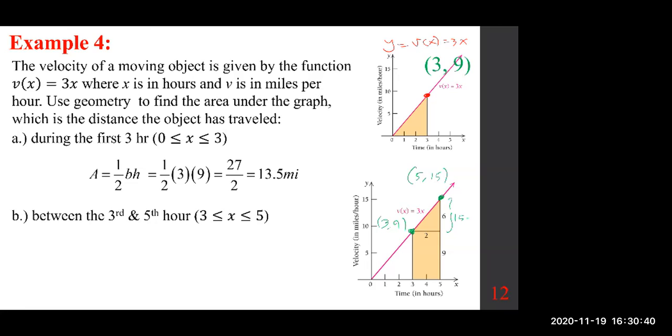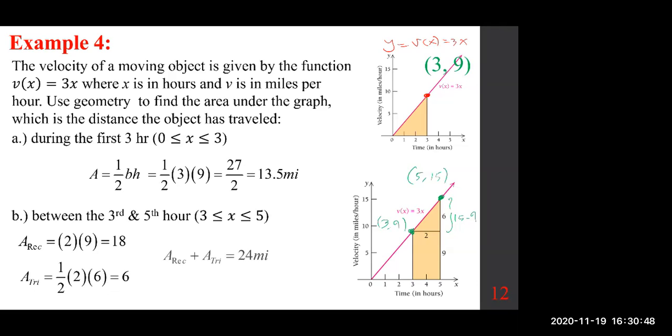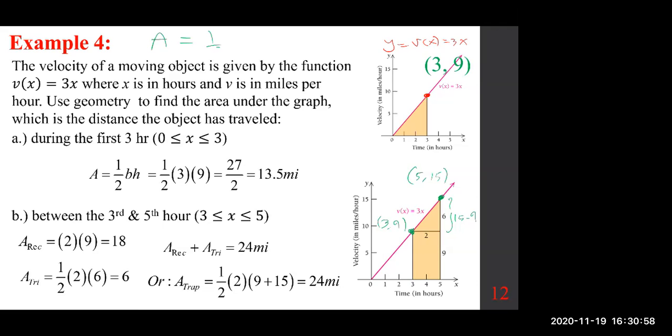Okay. However you want to look at it, you can calculate the area of a rectangle, the area of a triangle, and add them up. Or just the area of a trapezoid. And I hope you remember the area of a trapezoid. Let me just write it here: it is 1/2 the height times b plus b, lowercase and uppercase, or b1 plus b2.